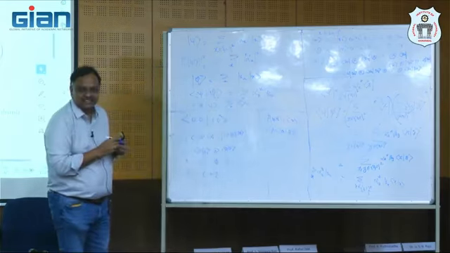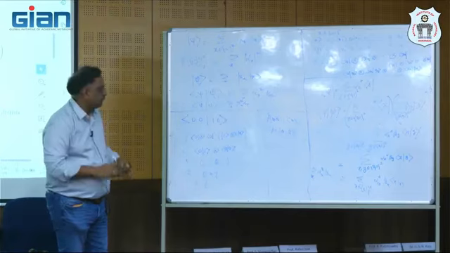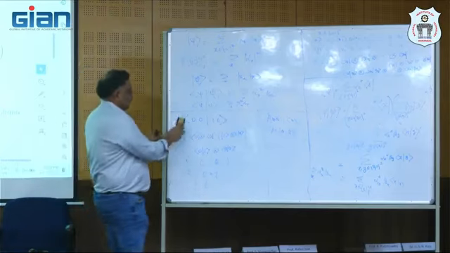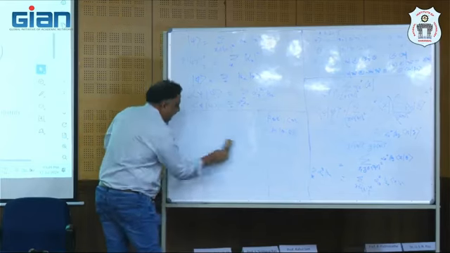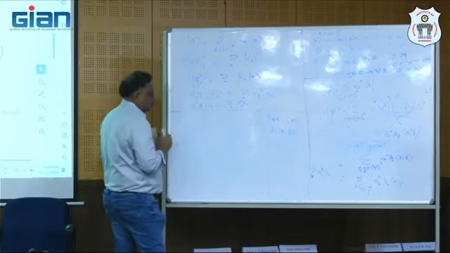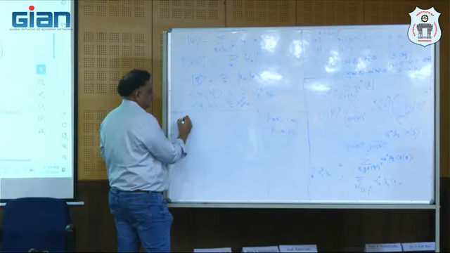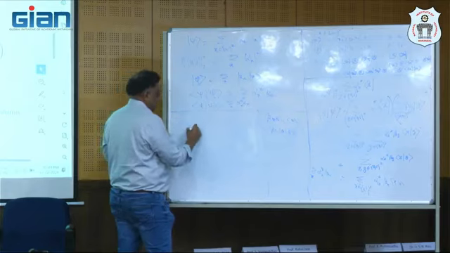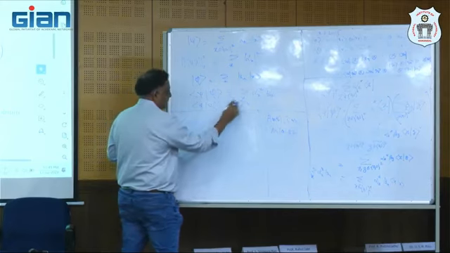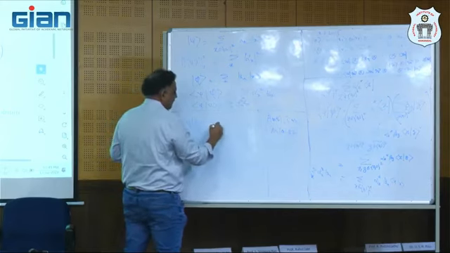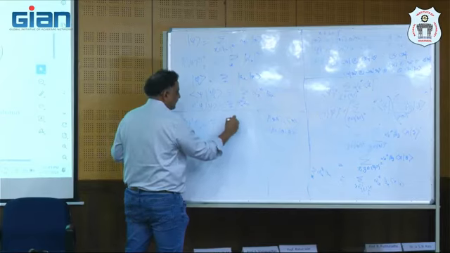Agreed? Yes? So in fact, you can also see that the inner product of psi with phi is this number, alpha x star beta x.